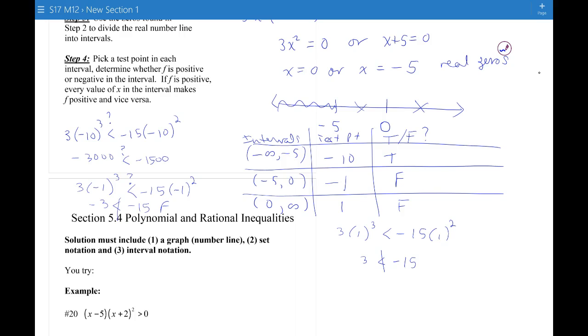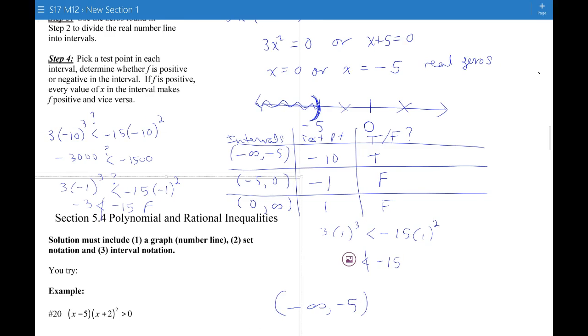So the only piece I want is, it's a strict inequality, so I don't want to include the -5. So it's from -infinity up to -5. So it's the set of all x such that x is smaller than -5. And we already have the graph of the solution set from our work.